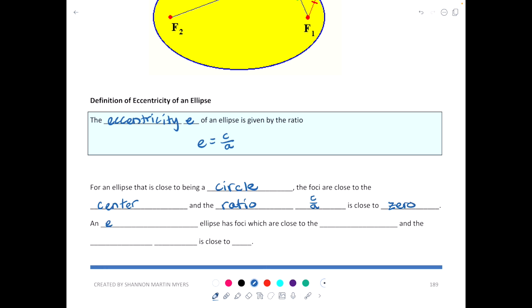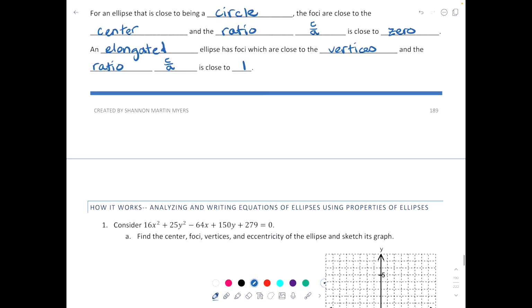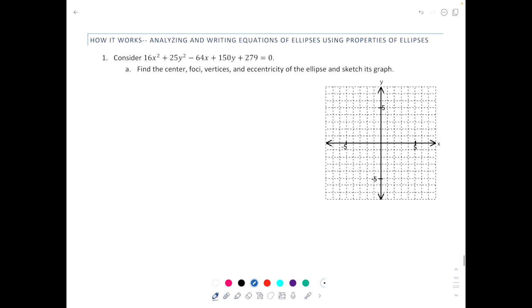An elongated, like a stretched out ellipse, has foci which are close to the vertices, and the ratio C over A is close to 1. Cool? All right.